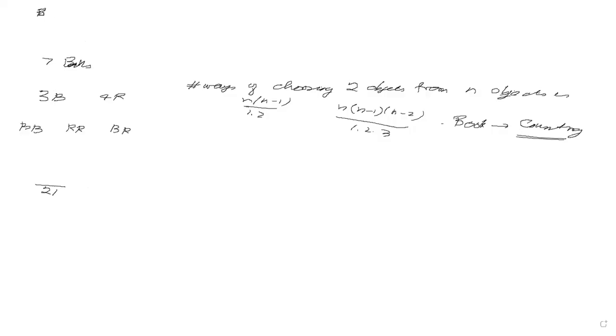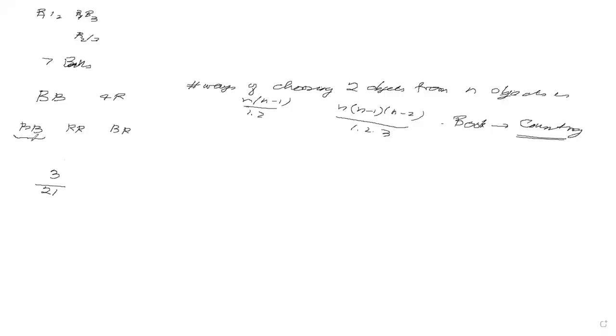So if you name them ball 1, ball 2, ball 3, you can choose ball 1 and ball 2, or ball 1 and ball 3, or ball 2 and ball 3. There are 3 ways in which you can choose 2 balls. So those are the number of successes. Because you could choose any 2 of those 3 balls, right? So there are 3 ways in which you can do that.